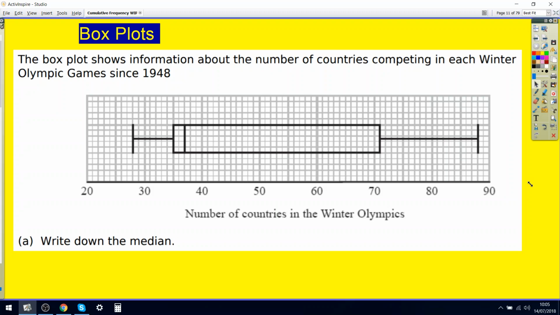How do you get the interquartile range? Don't I take the upper quartile and subtract it?